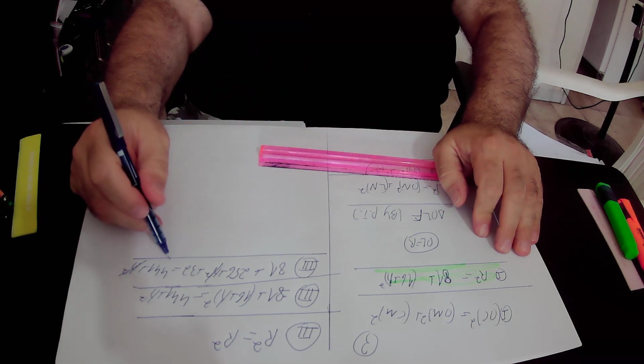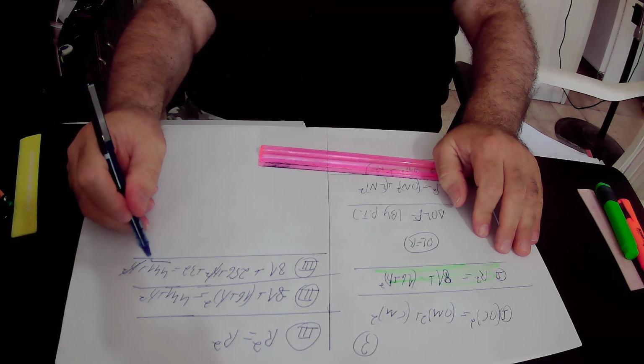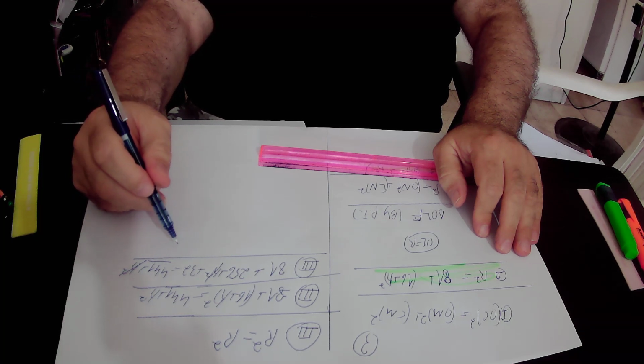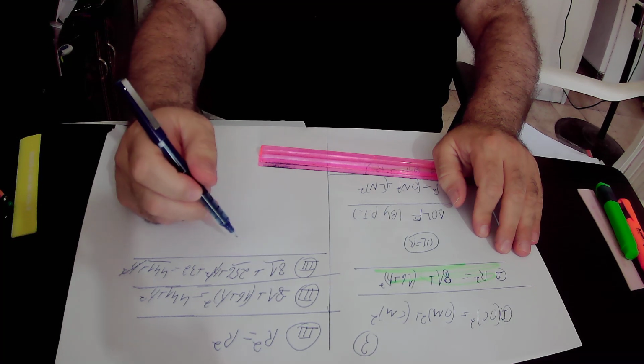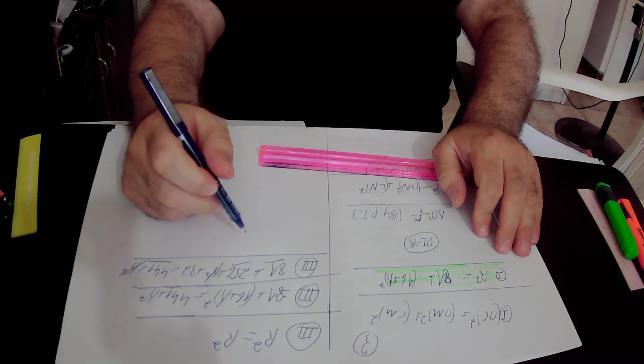So on this side of the equation we have 441. On the other side of the equation we have 256 plus 81.